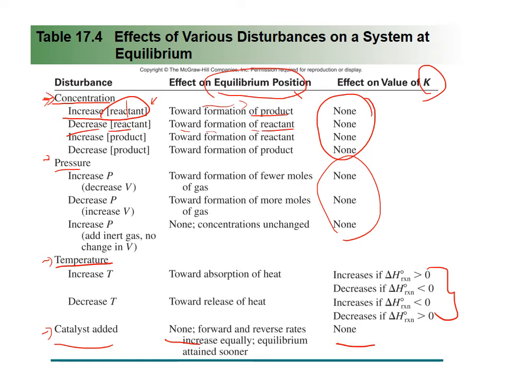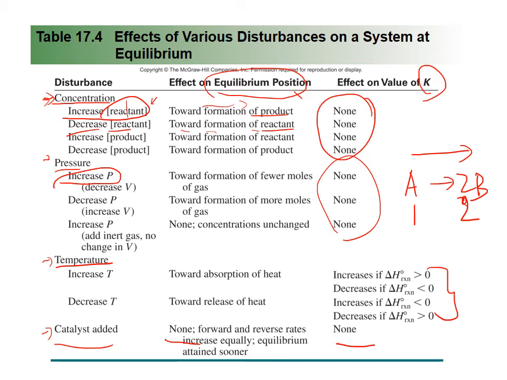Now, when pressure changes, to use Le Châtelier's principle, we need to know the reaction's change in number of moles. So, for example, A goes to 2B. We know the forward reaction increases the number of moles from 1 to 2, and therefore the forward reaction has the effect of increased pressure.